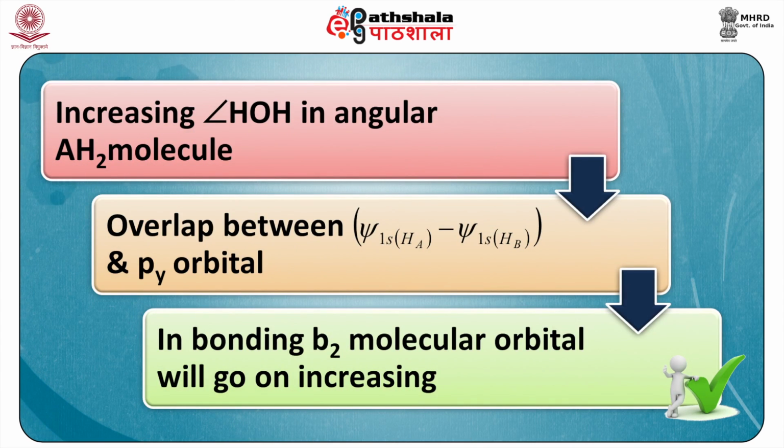It can be easily visualized that if we go on decreasing the HAH angle in the angular AH2 molecule, the overlap between psi 1s Ha minus psi 1s Hb and the py orbital in the bonding B2 molecular orbital will go on increasing, and hence the energy of this molecular orbital will go on decreasing, with the result that the B2 molecular orbital has the lowest energy in the linear AH2 molecule, that is, the angle HAH equals 180 degrees.